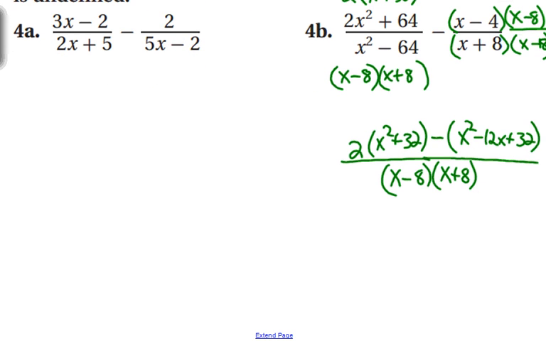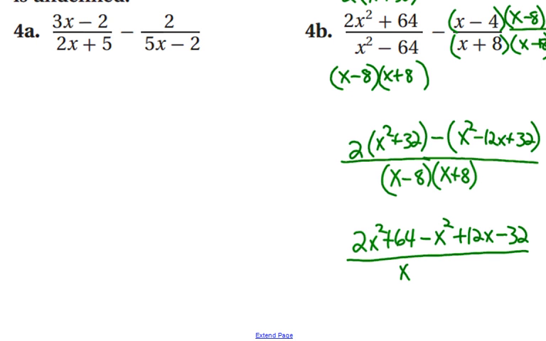So pulling that 2 out didn't really do much for us, but we'll put it back in as we go to simplify this in this next step. So we have 2x squared plus 64 minus x squared plus 12x minus 32 all over x minus 8 times x plus 8.